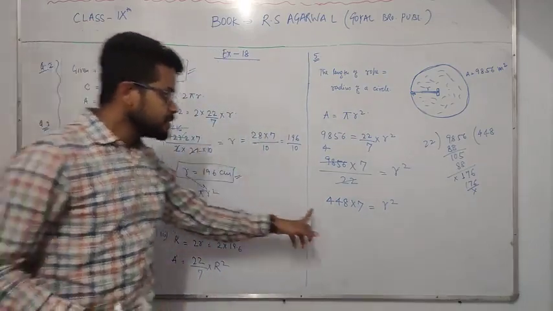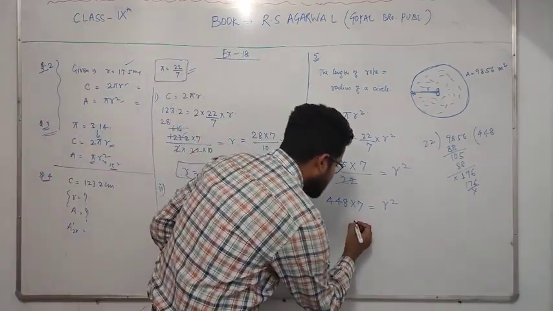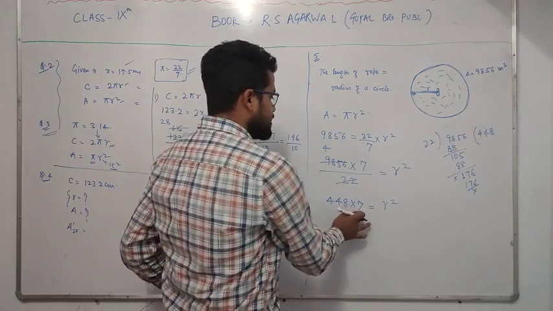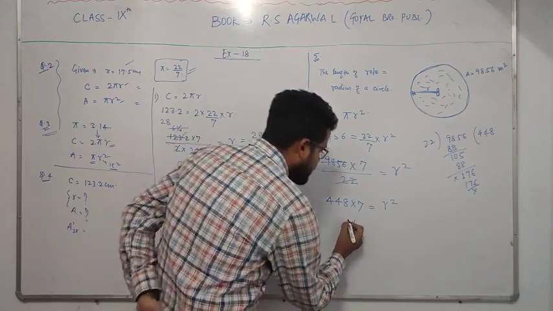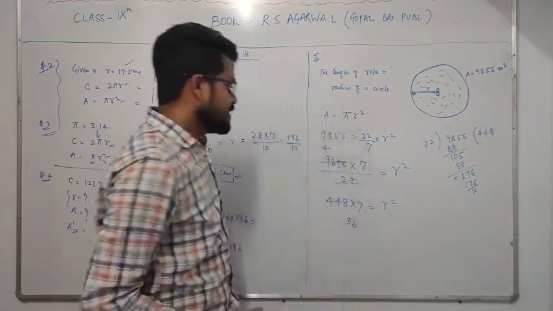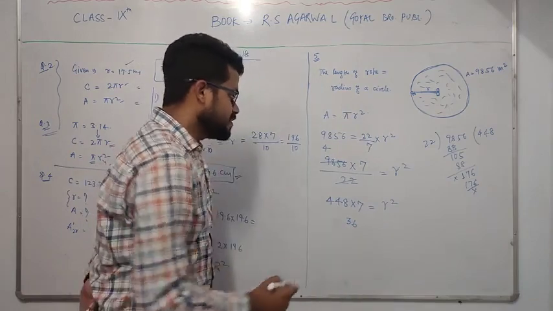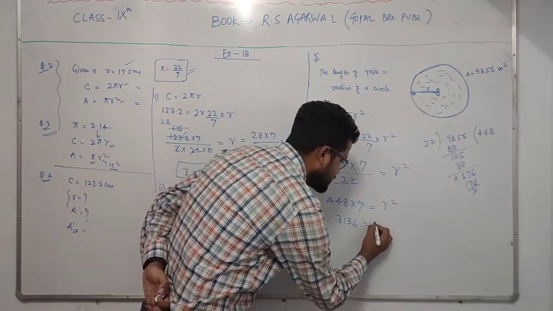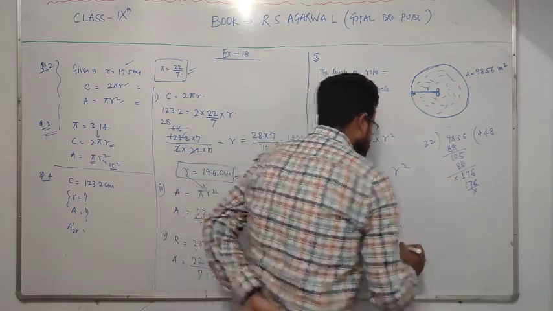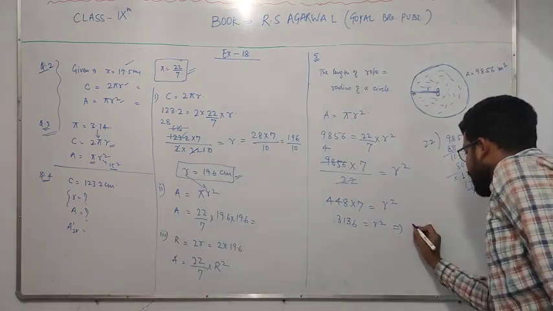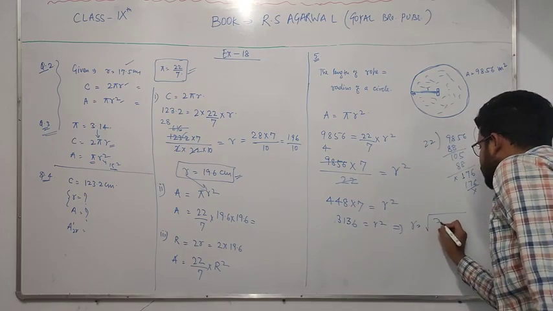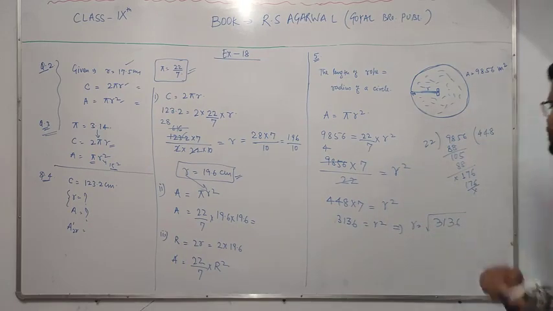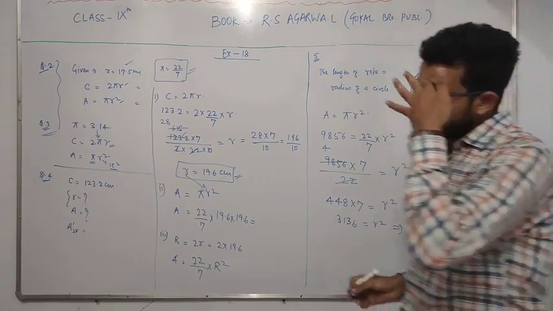Okay, so I multiplied this. 8 7s are 56, 6 7s are 42, 42 and 5... 3136 is equal to r square. So r is equal to the square root of 3136. What is the square root of 3136?